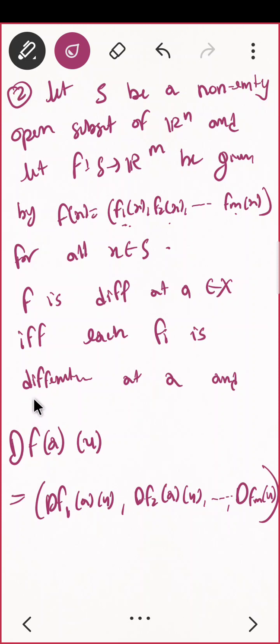If you go with the definition, you just have to play with the norm. Just as we did in continuity, where each component being continuous makes the function continuous, the same thing is here also. You just have to play with the modulus. For f1 this will be a scalar field, right? So you just have to consider it like that.